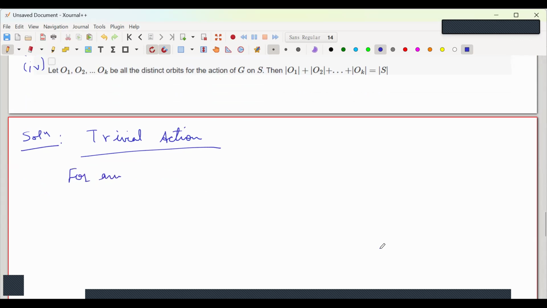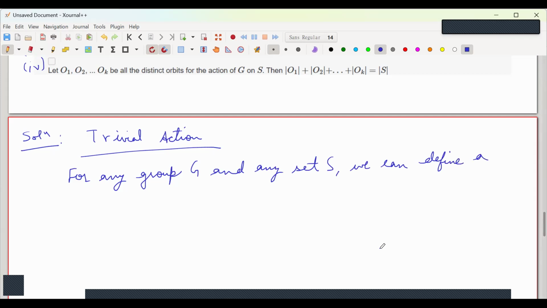For any group G and any set S, we can define a trivial action as follows.